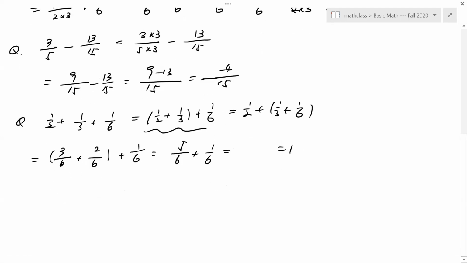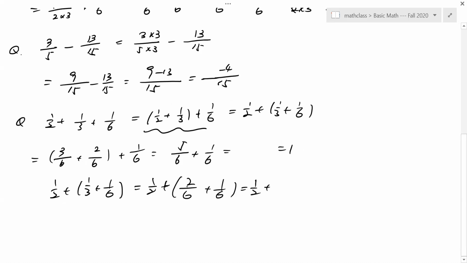And you can do the same way. If you add the last two numbers first, you end up with the same result. Okay. All right. 1/3 can be written as 2 over 6. And here 3 over 6, right? 2 plus 1 is 3. 3 over 6.